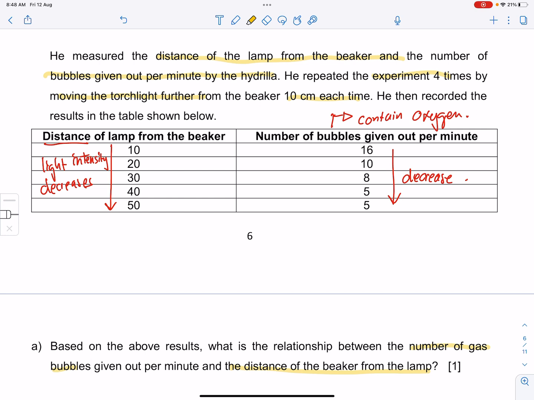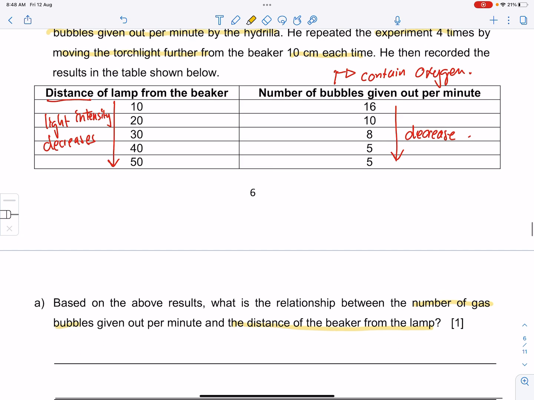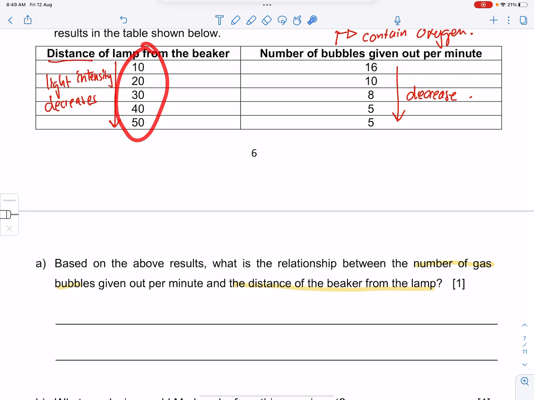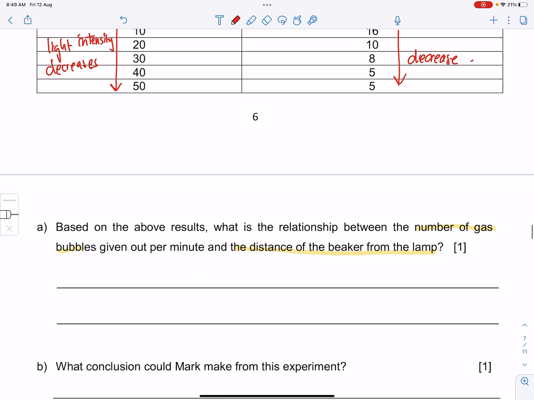Okay, that is not correct. You should relate that it's due to the distance that results in the number of bubbles. So from here we know that distance actually represents light intensity.